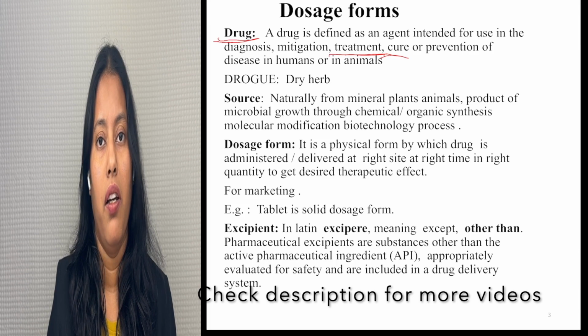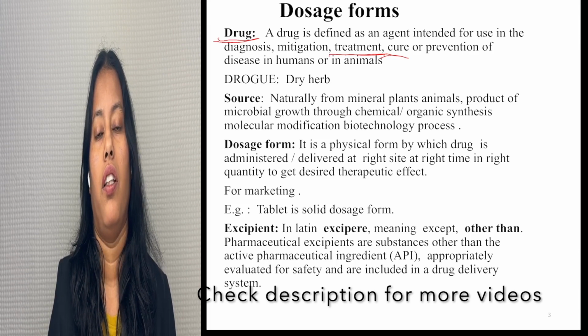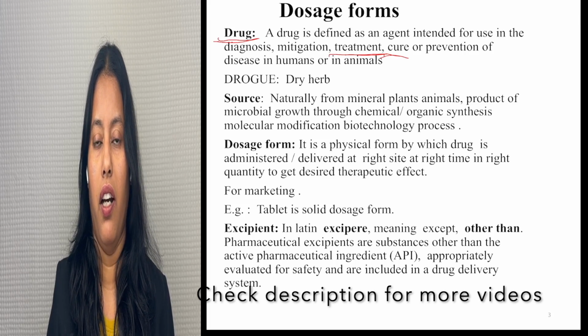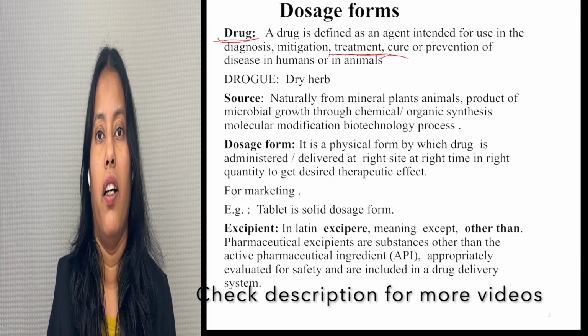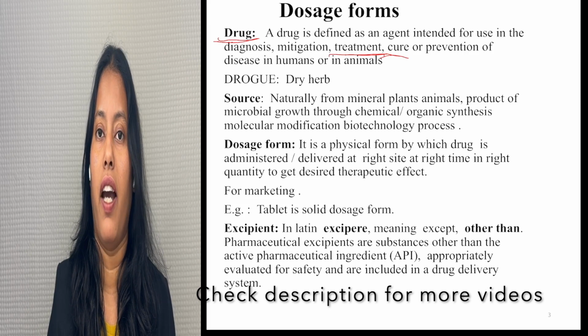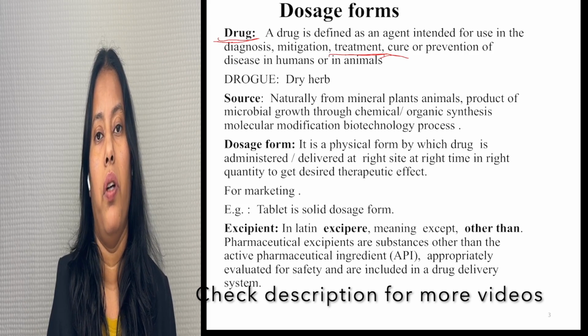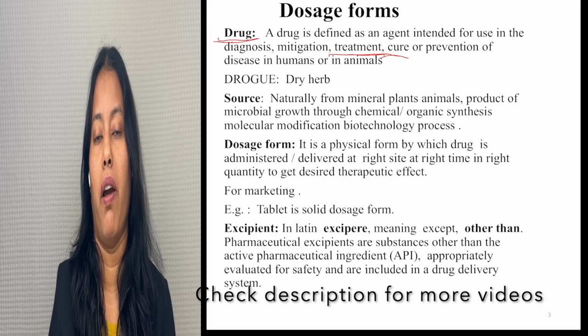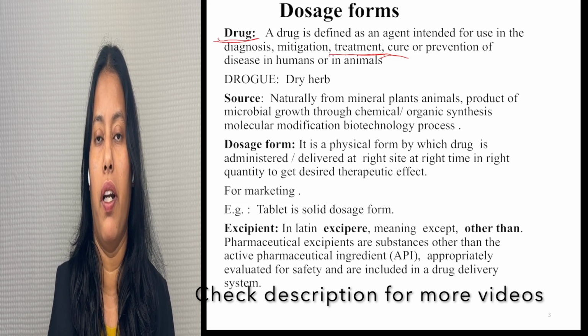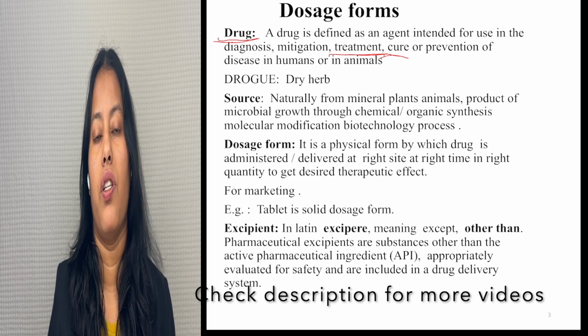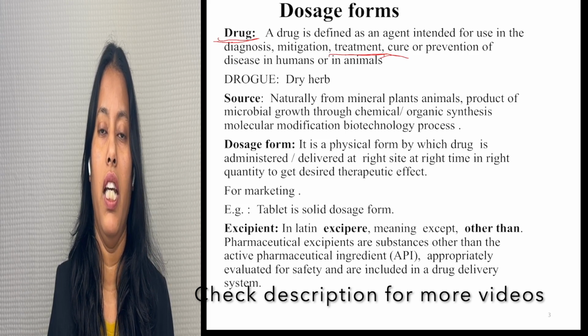Nowadays many drugs are available from biotechnology sources, where genetic modification is used to prepare various vaccines. Then from microbiology sources, various antibiotics are prepared by the fermentation process. So microbiology and biotechnology are also sources through which you can obtain the drug.